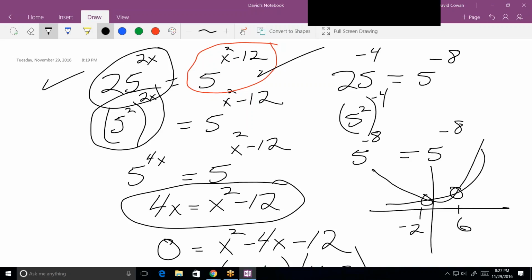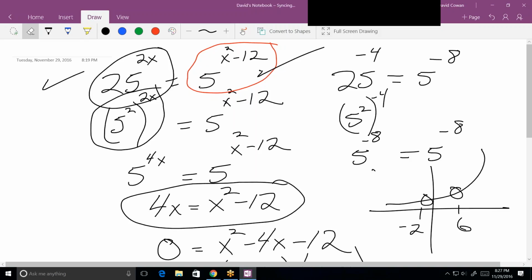I may not have drawn it exactly right, but somehow you have to get two intersection points from these two graphs. Now, I'm not sure what 5 to the x squared minus 12 looks like. You know what it might look like? I bet it looks like this. Not what I drew, but it looks exactly like this.